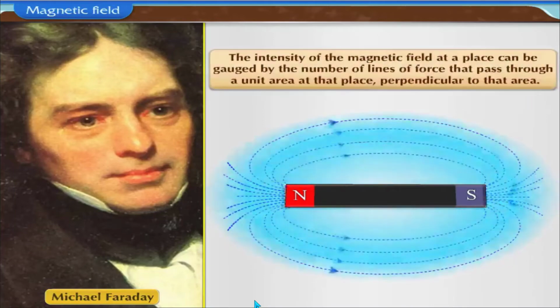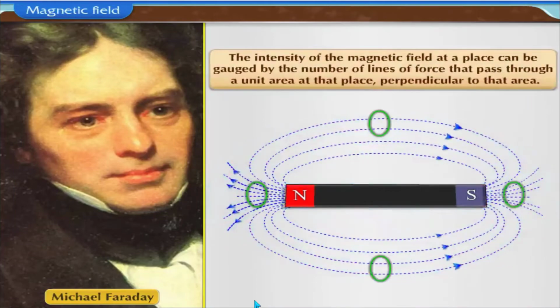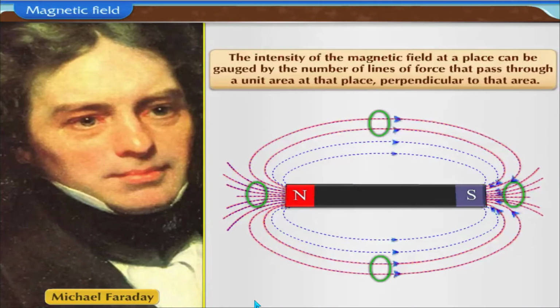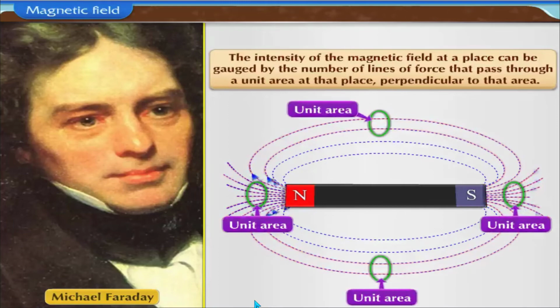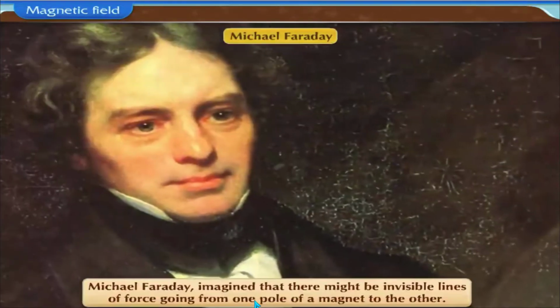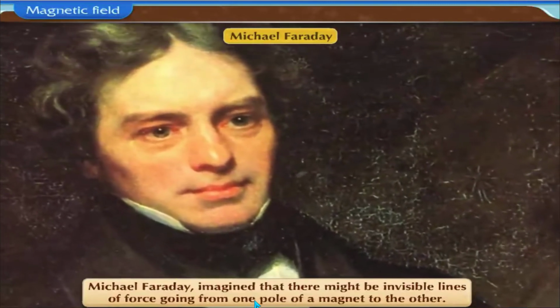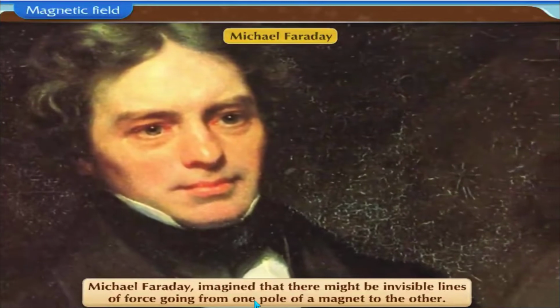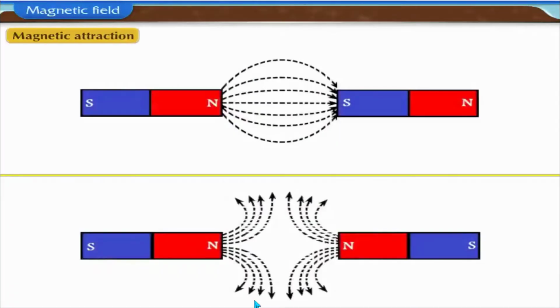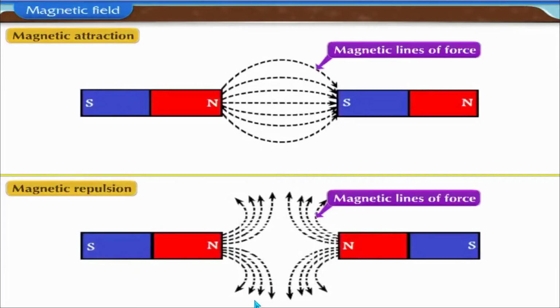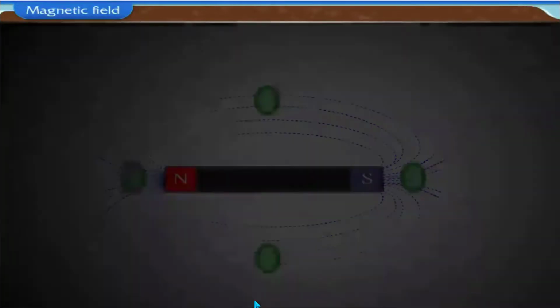The intensity of the magnetic field at a place can be gauged by the number of lines of force that pass through a unit area at that place perpendicular to that area. Michael Faraday imagined that there might be invisible lines of force going from one pole of a magnet to the other, and that magnetic attraction or repulsion might be taking place through the medium of these lines of force.